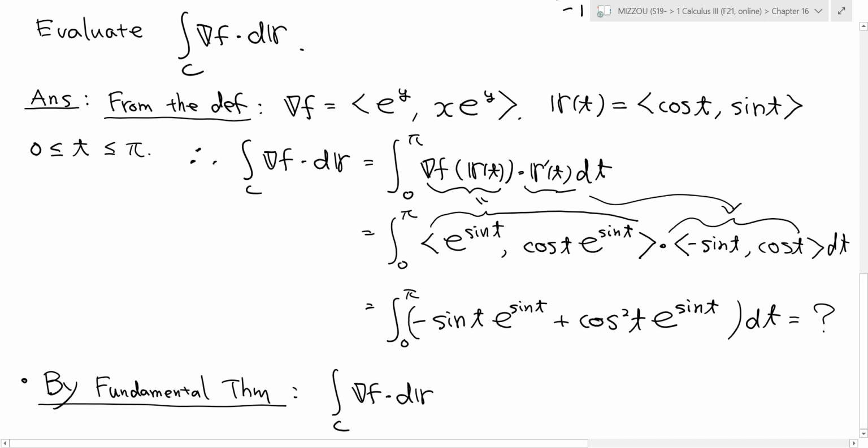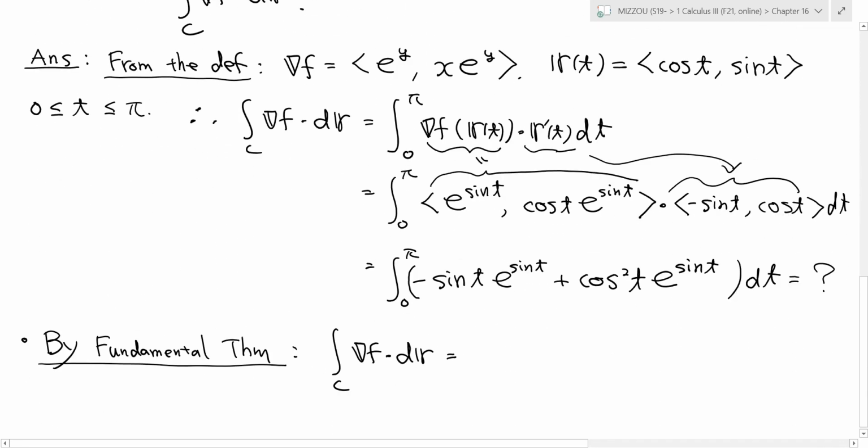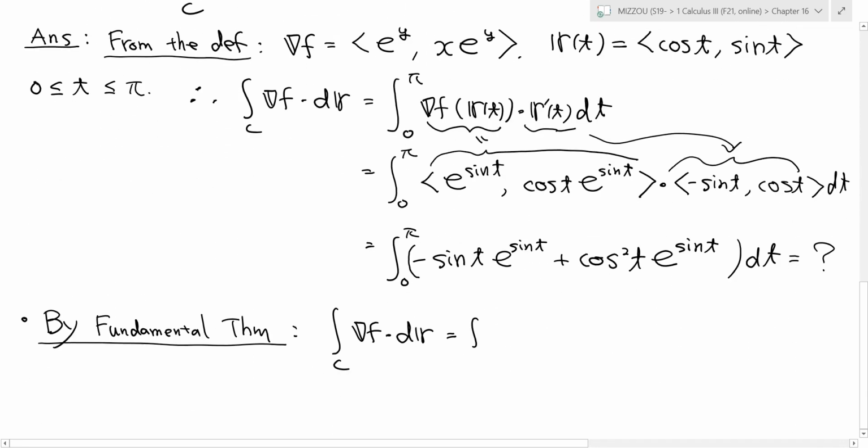Well, we can just plug the two endpoints into f and then take the difference. So in this case, f of r of pi minus f of r of 0.